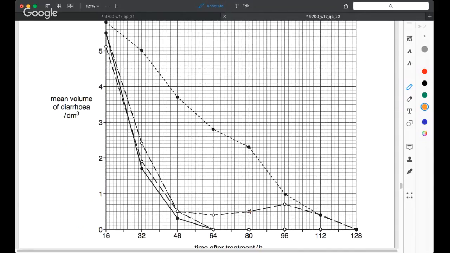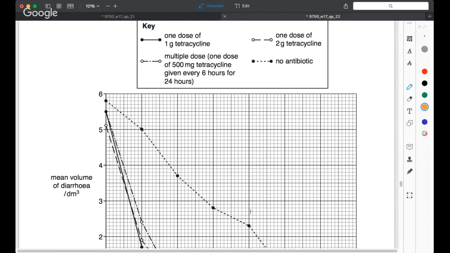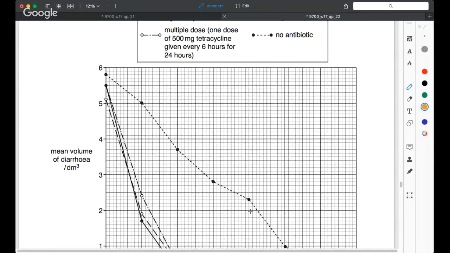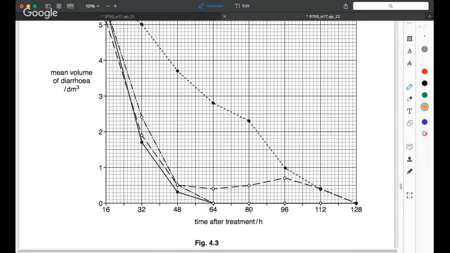And the one with 1 gram of the antibiotic causes the patients to have the least amount of diarrhea. Right? You've made enough comparisons here to pick up the marks. I think you actually made all the relevant ones there.